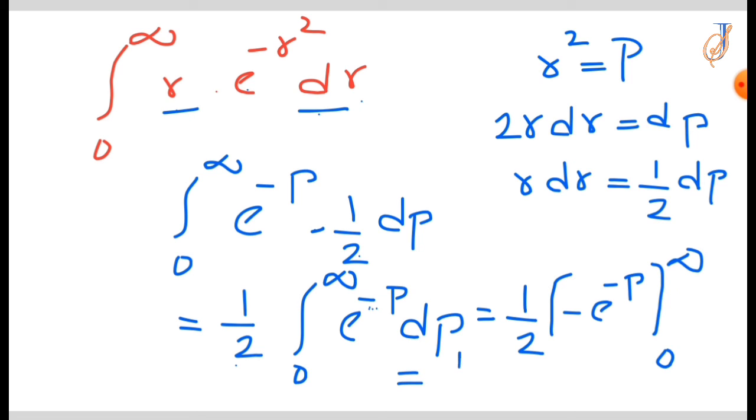So then I will get 1 over 2 minus of, the upper limit, that means e power minus infinity, which is 0 only, minus the lower limit. E power 0 is nothing but 1. This 0 minus 1, the value is minus 1. Minus and minus gives plus 1. So plus 1 times 1 by 2, which gives 1 by 2. So after solving this, the integral of r times e power minus r power 2 dr, the value is 1 by 2.